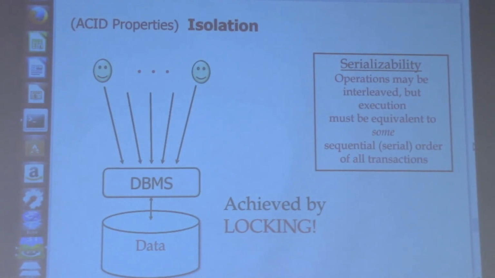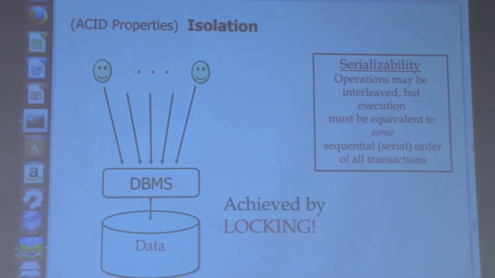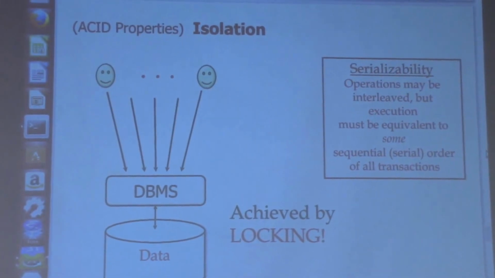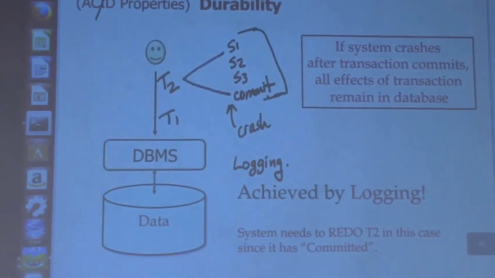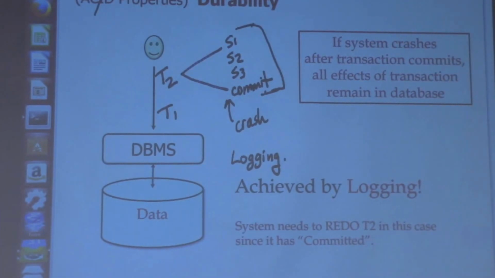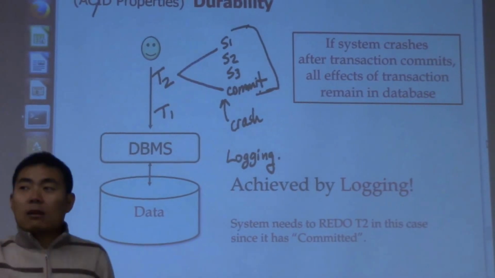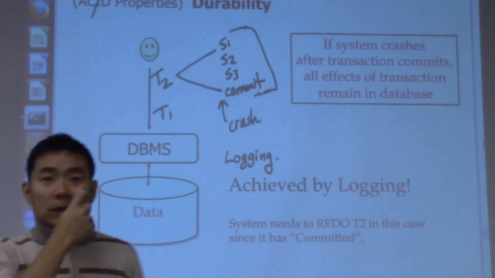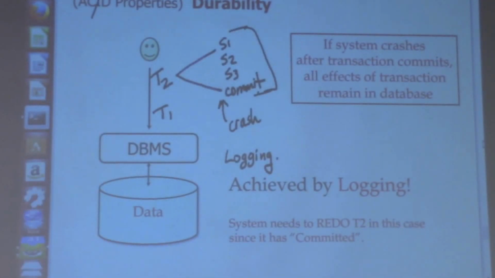Isolation is achieved by the concurrency control schedule, which I'm going to talk about in a minute. What about durability? Back to Yen's question. Durability is achieved by logging, which again I will talk about in detail in the coming slides.